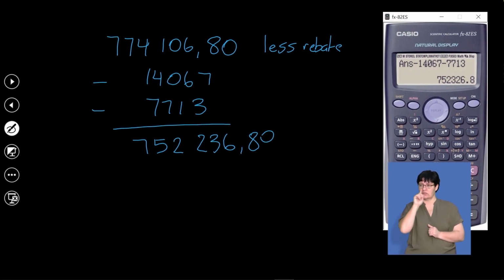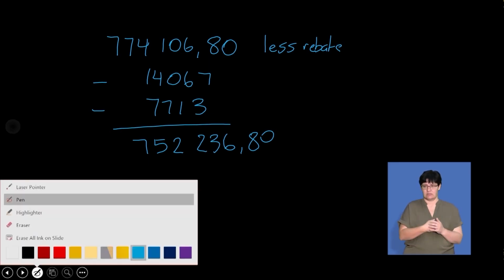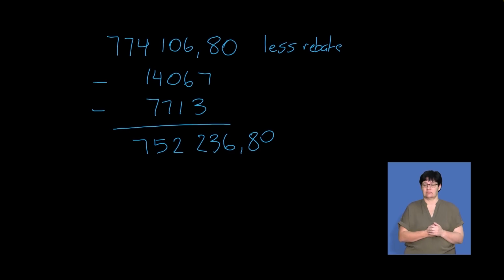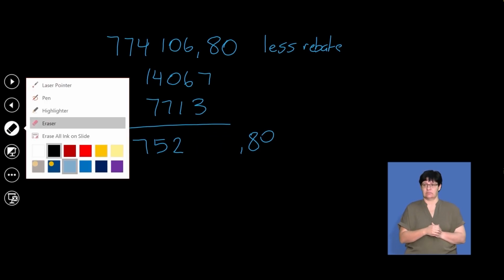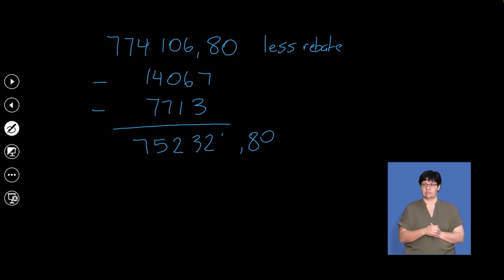I'll double check that I got that right. 326, I got that wrong. That was 326. See how important it is to check and put a rand in front of it. That's the amount of money.